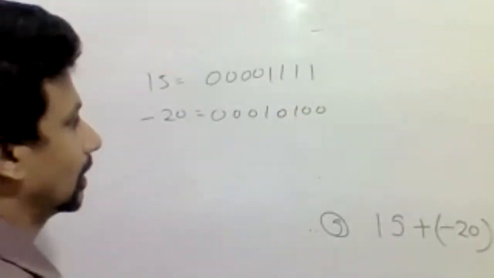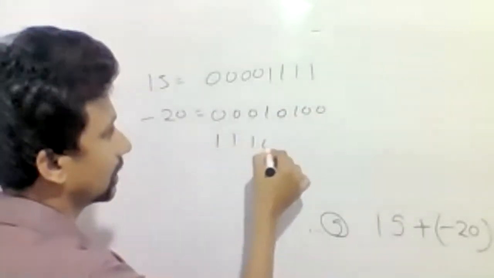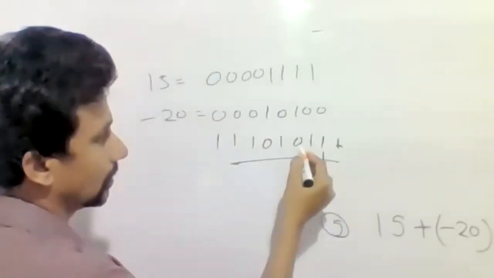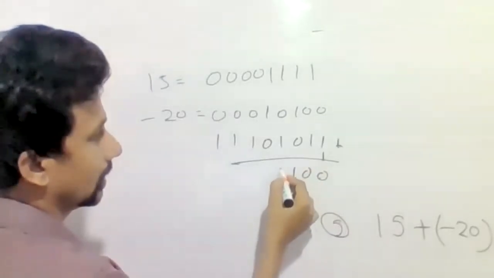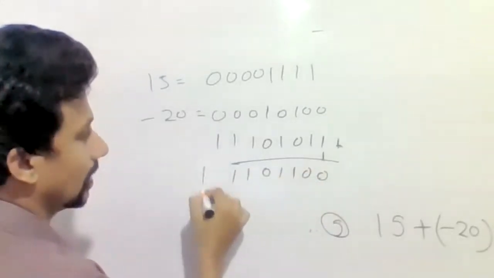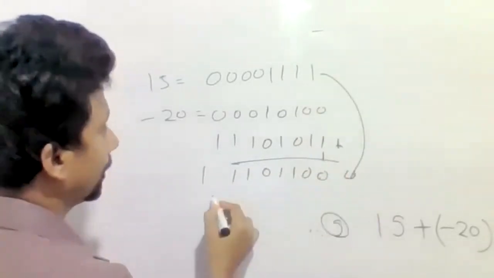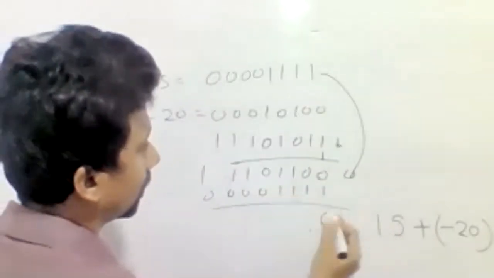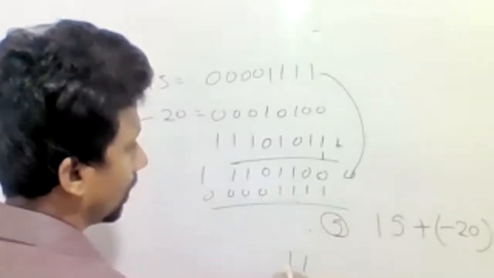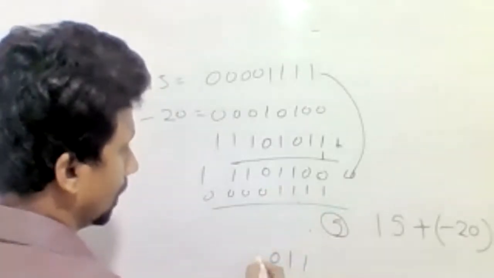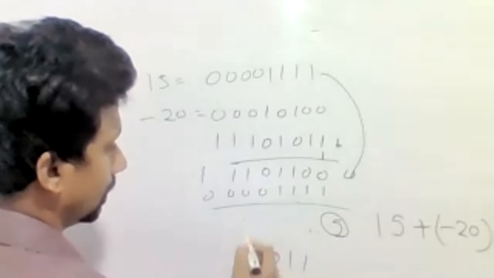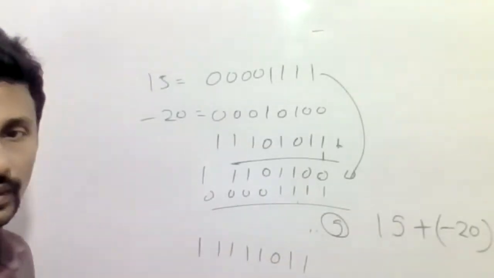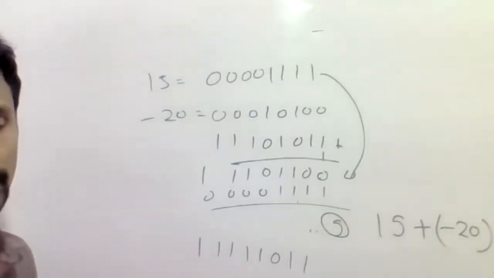I'm going to flip the bits: 1 1 1 0 1 0 1 1. Then add 1. You get 1 1 1 0 1 1 0 0. So I'm taking this value here, 0 0 0 0 1 1 1 1, add them together: 1 1 1 1 1 0 1 1. This is your answer.